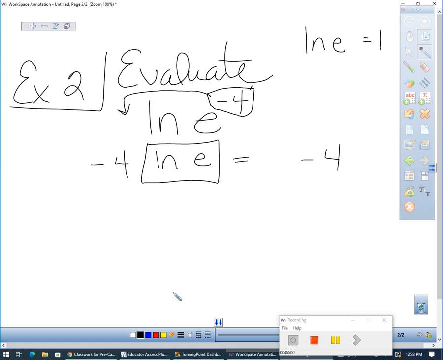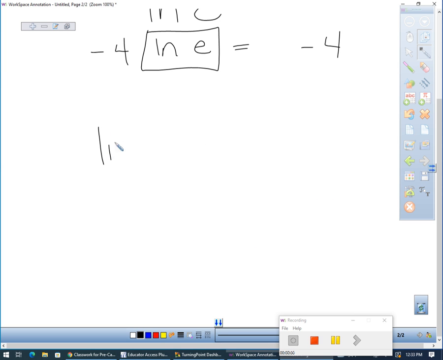How about this one? What if I had the natural log of 1 over the square root of e to the 7th? What do you guys think this one's going to be? So we need to get the natural log and e next to each other, right?